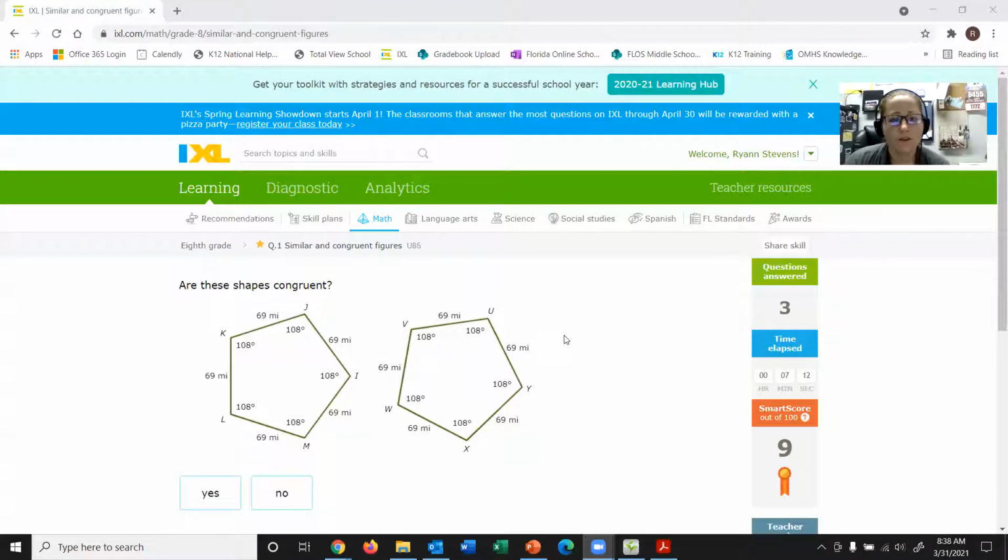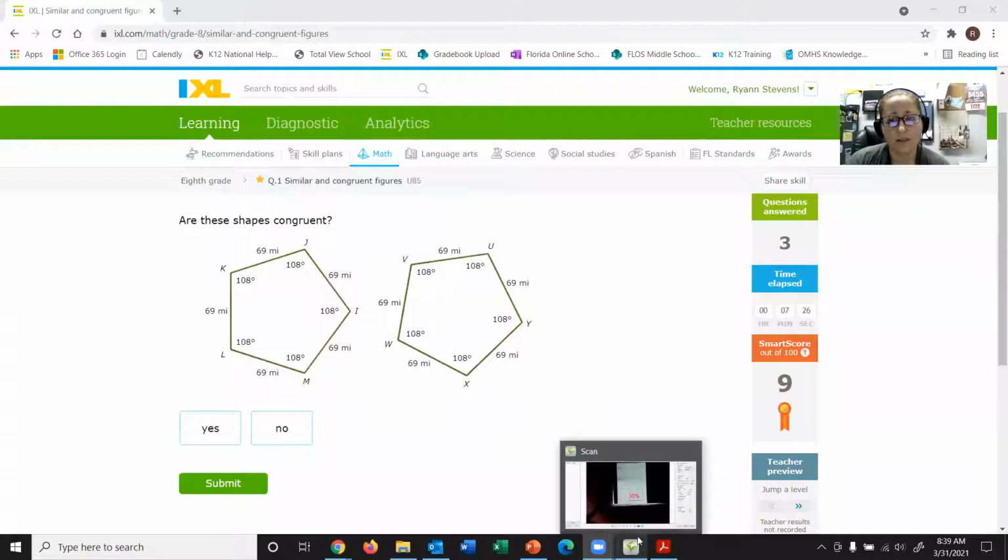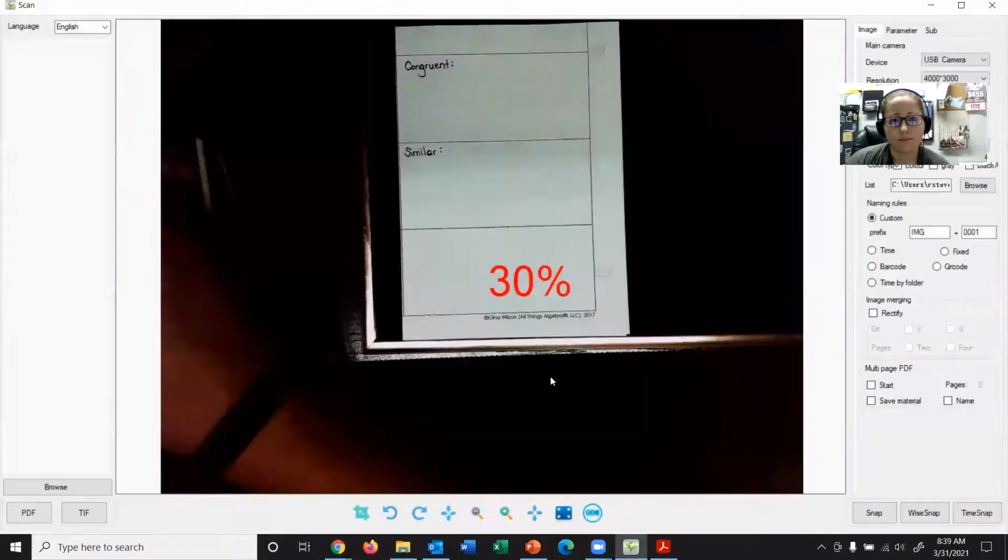Looking at this first question, we just want to consider the definition of similar and congruent. In this question, it's asking if these two figures are congruent. So let's take a look at the definition of what congruent means.